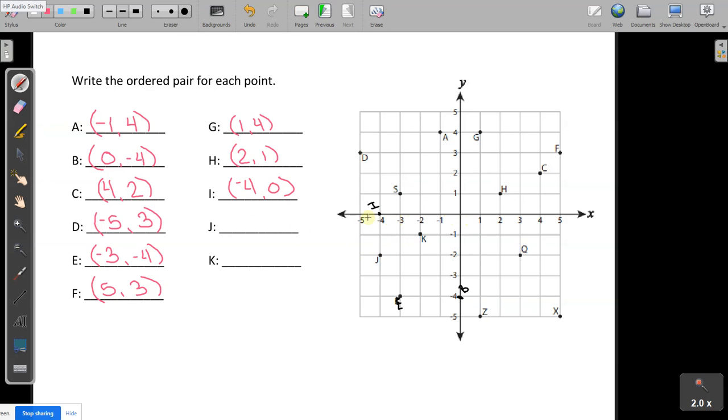J, our x value is -4, and our y value is -2. The last one here is K. K is right here. Our x value is -2, and our y value is -1.